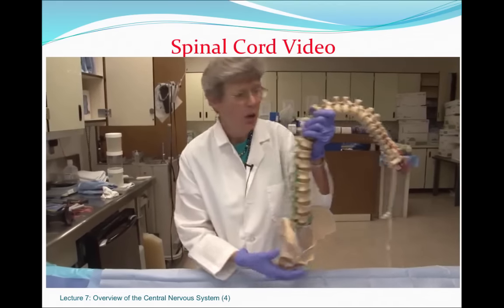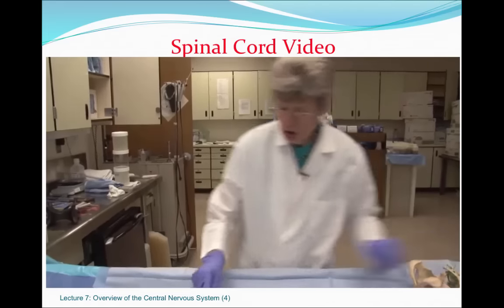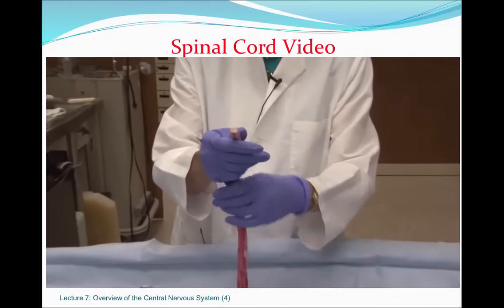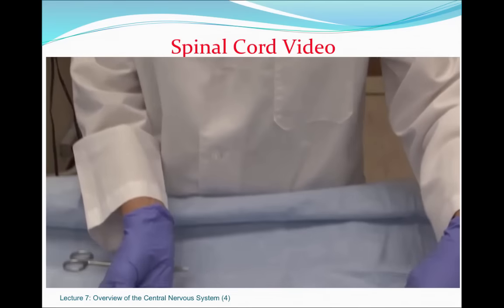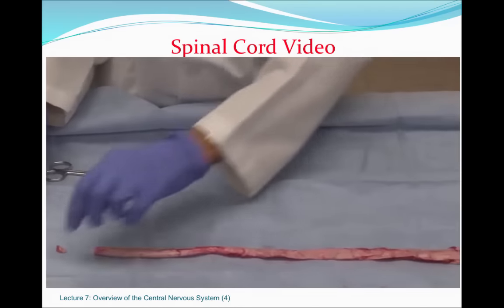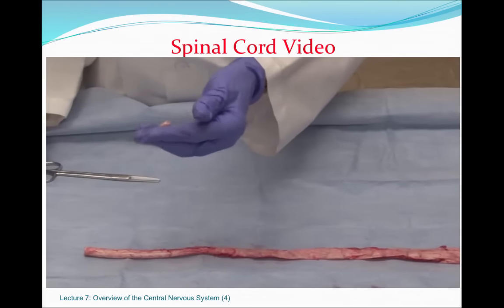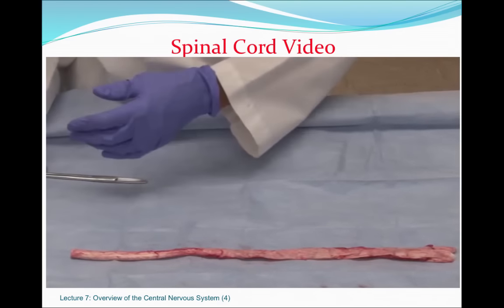It just takes a moment to cause, you can imagine, a jerk on the cord and to leave a patient with paralysis. This is very, very soft tissue and very vulnerable.